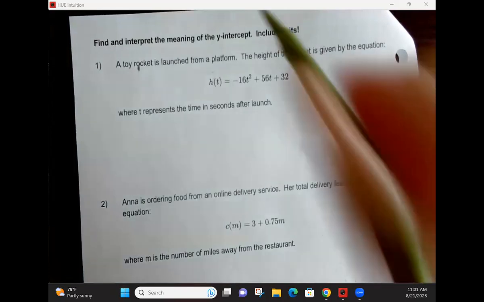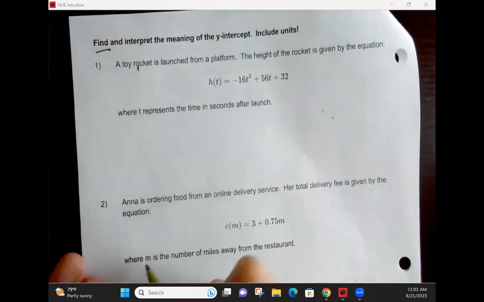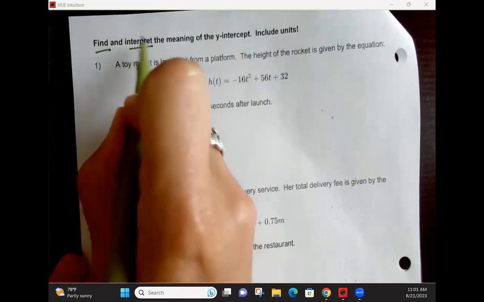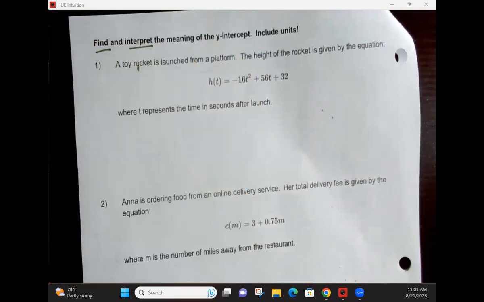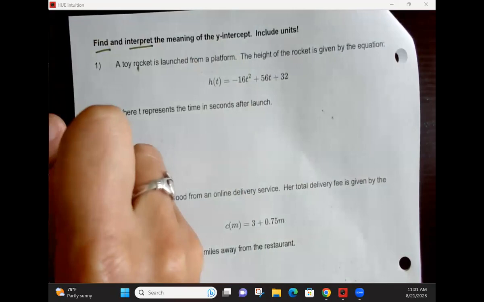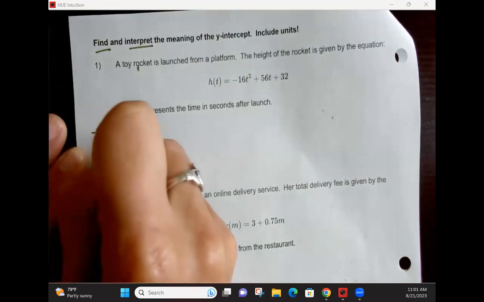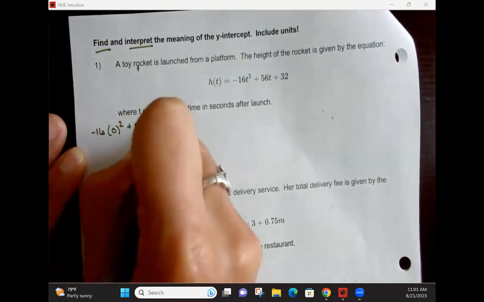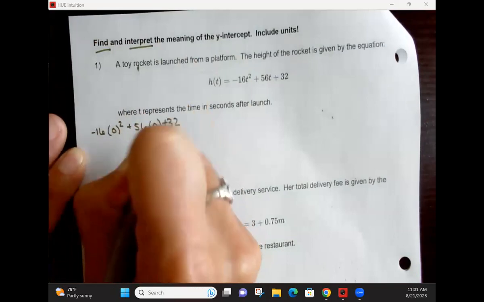I want to go ahead and find the y-intercept, and then we'll interpret what the y-intercept is telling us in the context of our problem. So to find the y-intercept, that is exactly what we just worked on. I'm going to plug in 0 for my variable in my function here. So this would be negative 16 times 0 squared plus 56 times 0 plus 32.